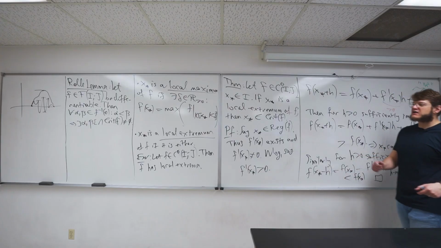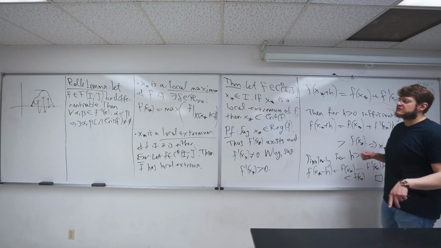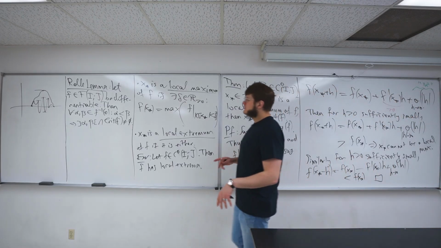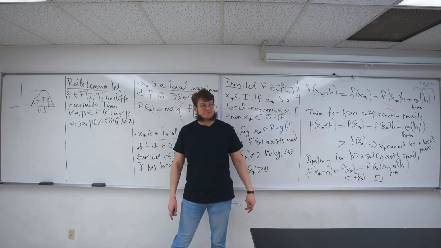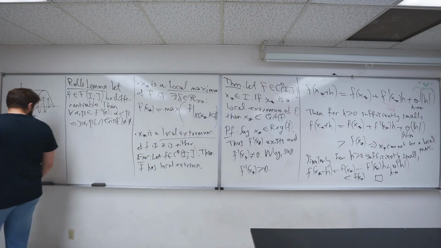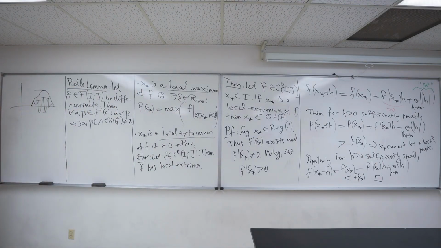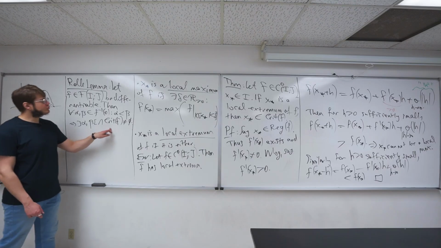I'm saying f of alpha is 0, f of beta is 0. If that is the case, and if I have differentiability, then that implies that there is some point strictly between alpha and beta where f prime is 0. That's the first statement.